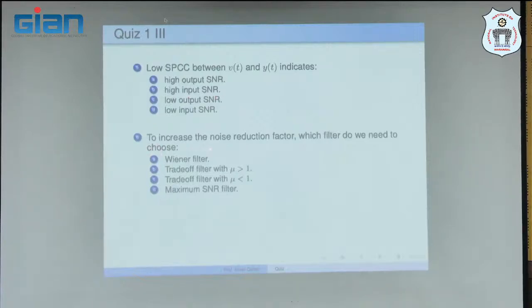6, to increase the noise reduction factor, which filter do we need to choose? Which one? B? Okay, so B, trade-off filter with mu larger than 1. Is it correct? What about the maximum SNR filter?